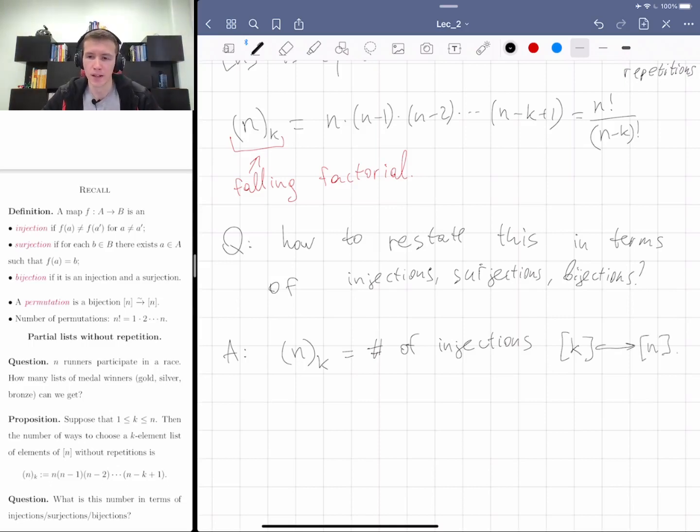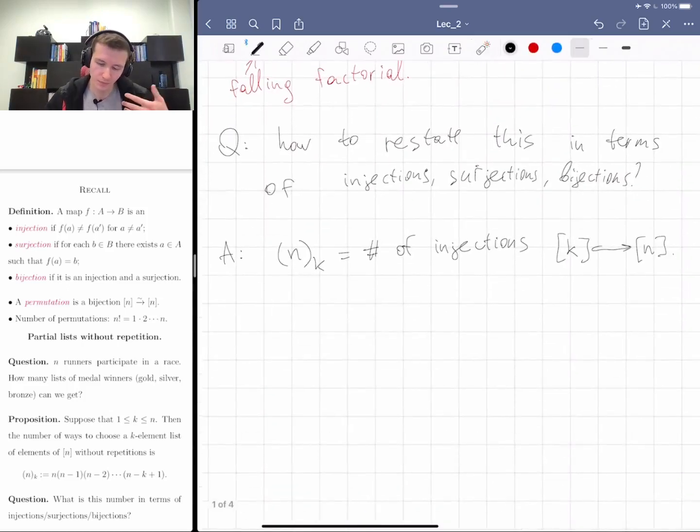This language has the advantage of being precise. Otherwise, you have to say these long sentences, whether you allow repetitions or not. So it's useful to understand how to use both languages, because sometimes one is more convenient than the other.